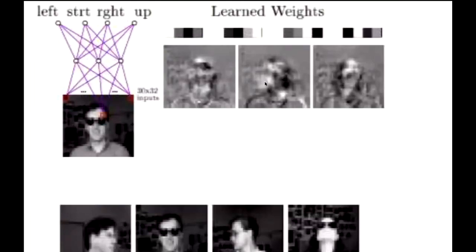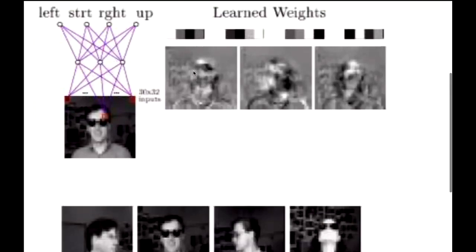Oh no, wait a sec. If you look at these specific examples, if a person's looking to the right, then this part of the image is more likely to be white because that's going to be their face, and this part is more likely to be black.